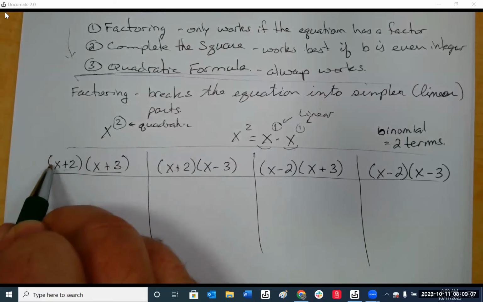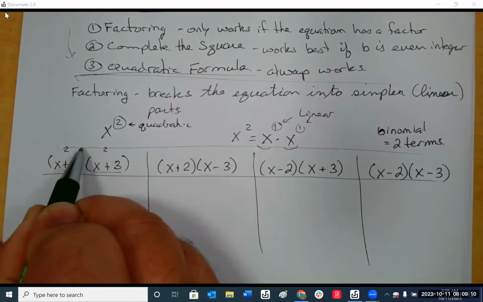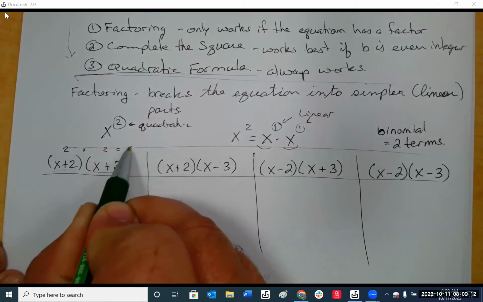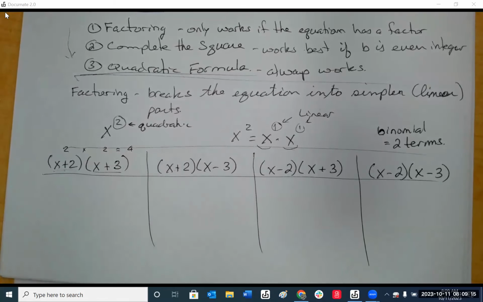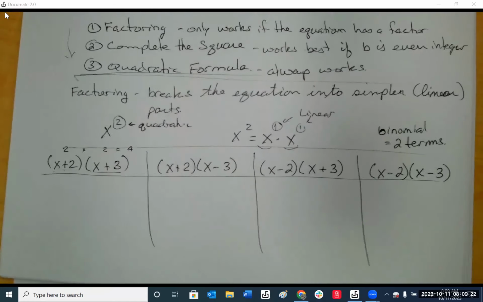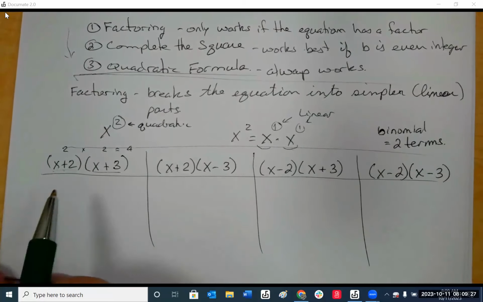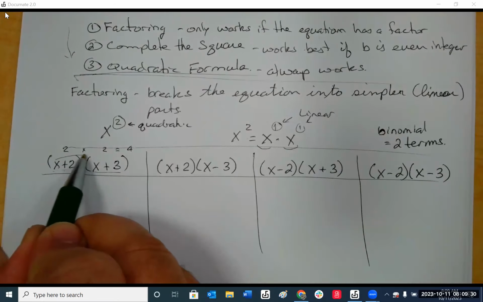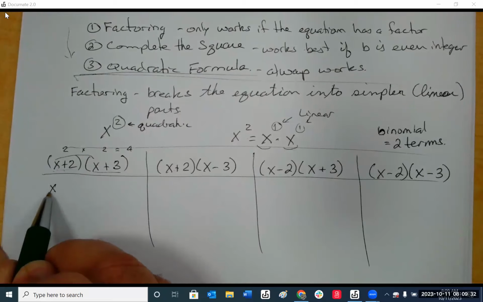And the way we check it is, since we have 2 terms here and 2 terms here, when we first multiply them, we should have 4 terms. So let's look at that. We have x times x is x squared. X times 3, positive times positive is positive, is 3x.